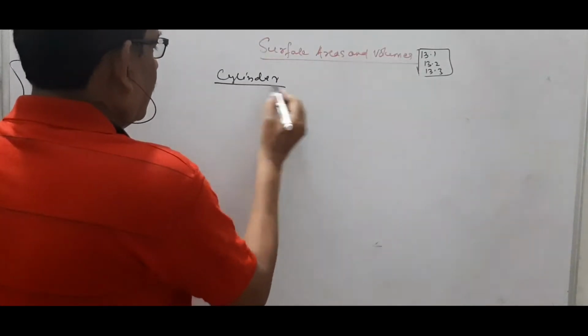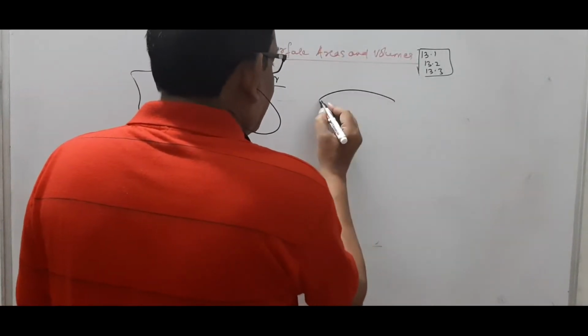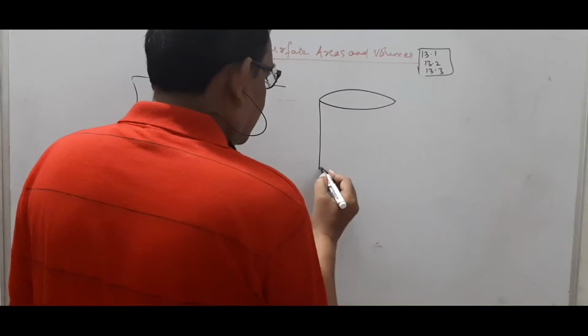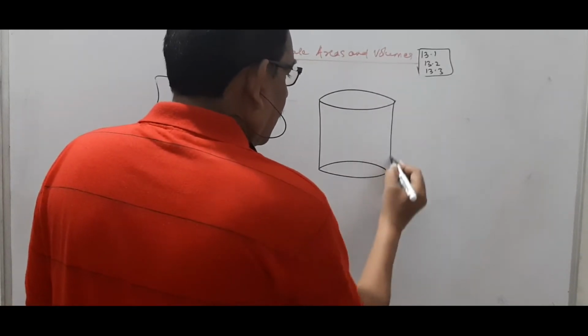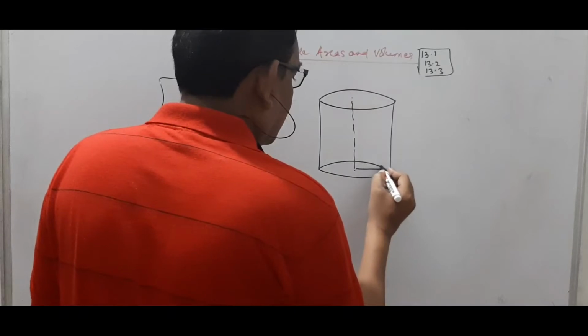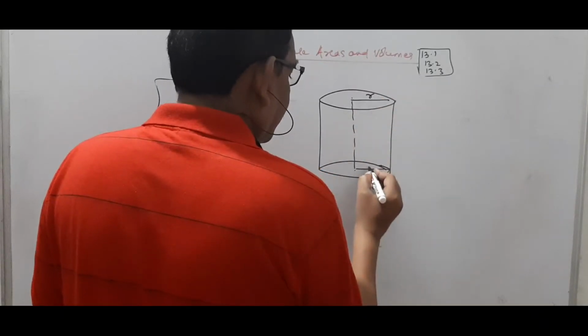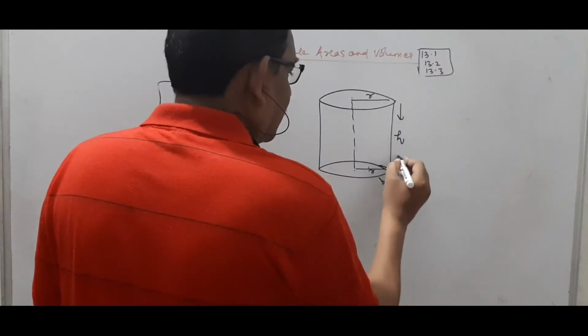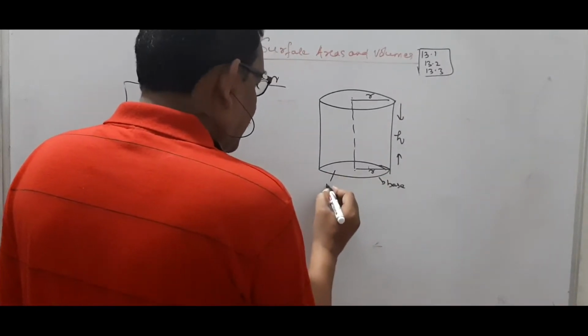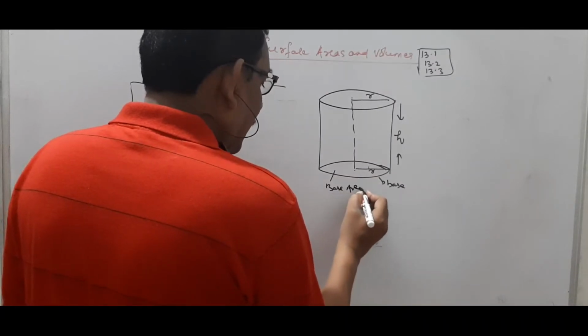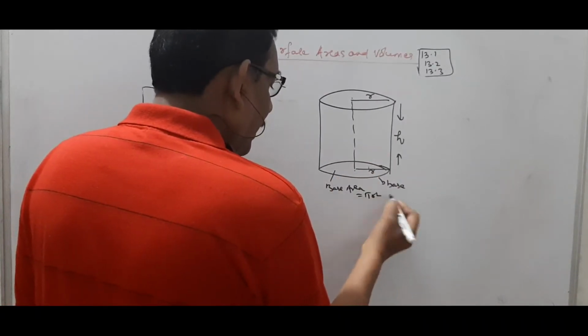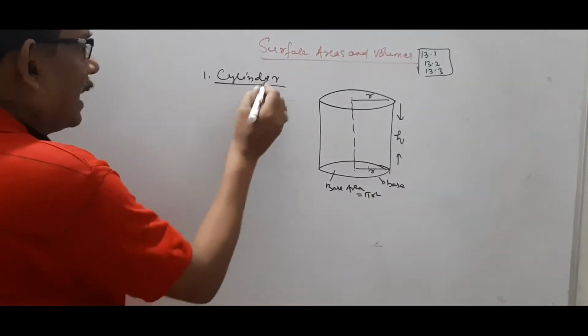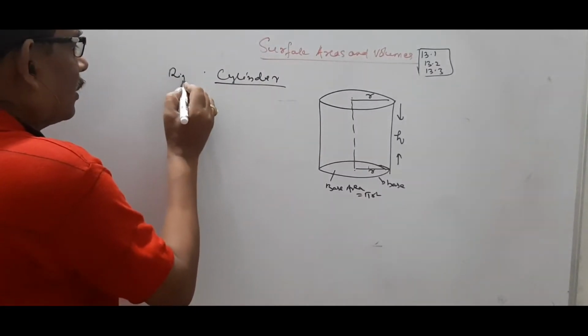Next, your cylinder. It is a right circular cylinder of radius r. It is your base. The height of the cylinder is h. So base area: it is a circular base, equal to pi r square.